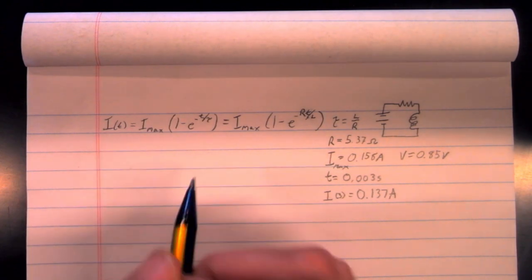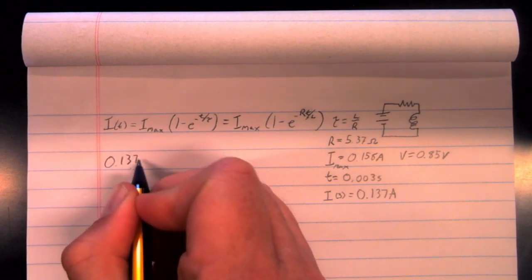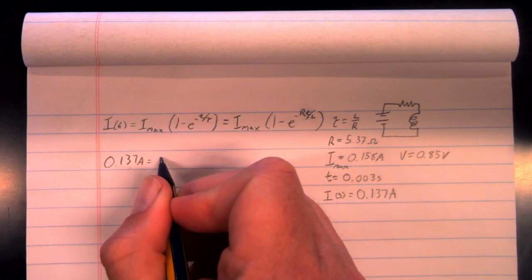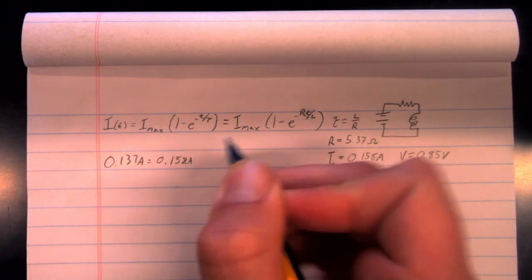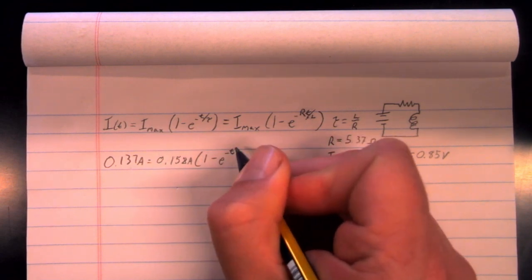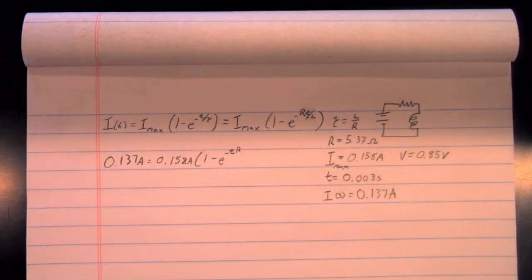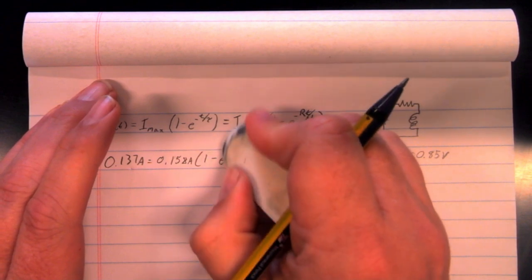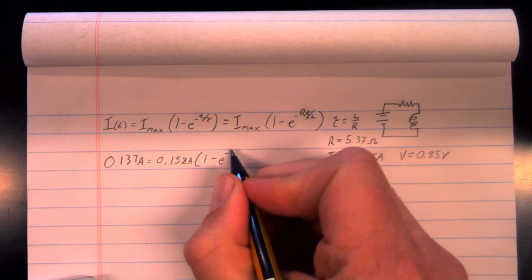So for I of t at 3 seconds was 0.137 amps. And our I max we said was 0.158 amps. I'm going to do 1 minus e to the negative t. Let's go ahead and put r in there. Oh, I already should be plugging in stuff here for t and r. Okay, back up. So, negative here.